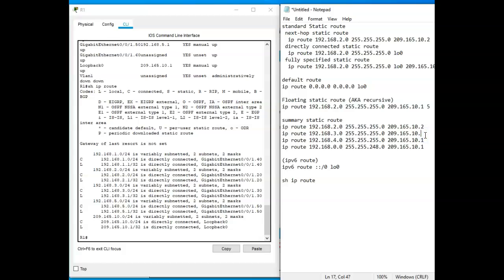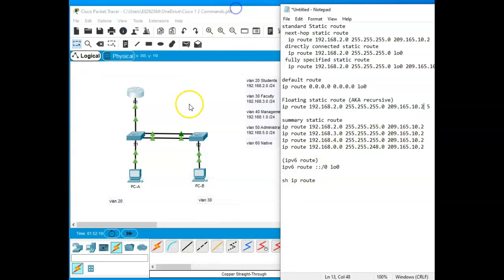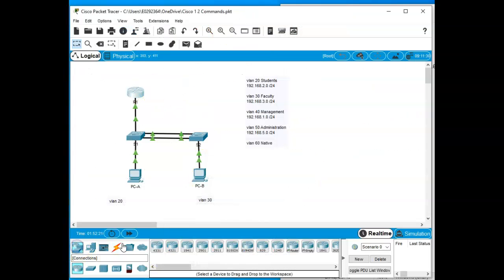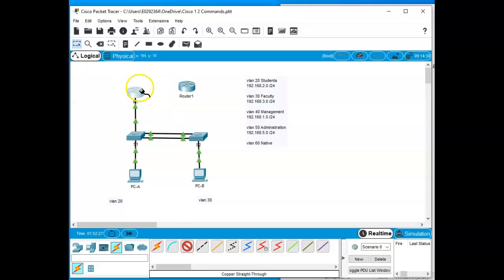If I were to add a router on here, it's not going to be set up, but I'll throw one in there. We get a cable from here to gigabit 0 to 0.